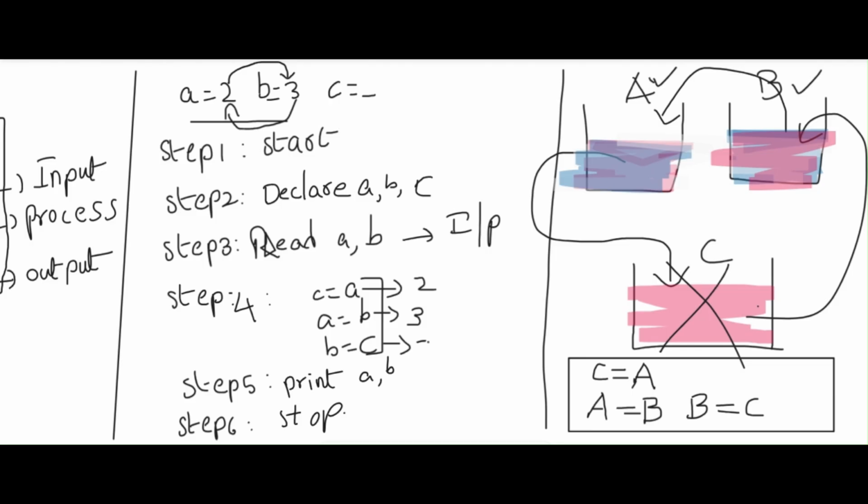And then to B, you're copying C. Now A has 3, B has 2. The values got swapped. This is how we write an algorithm. This is about what an algorithm is, why we need an algorithm, and how we write an algorithm. And finally, we also discussed what logic is. Hope you like this concept. Thank you so much for watching this video.